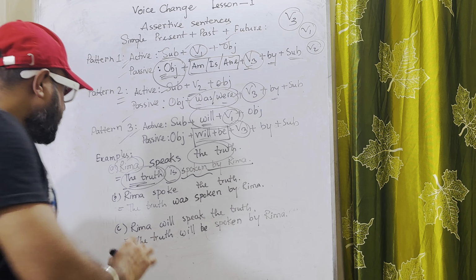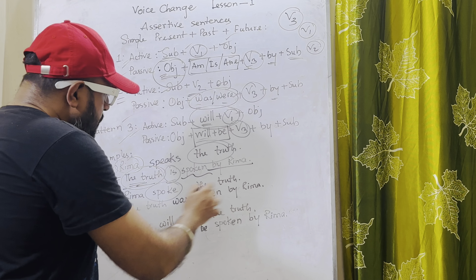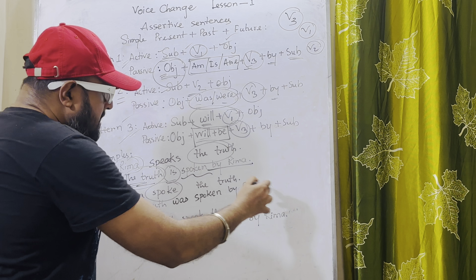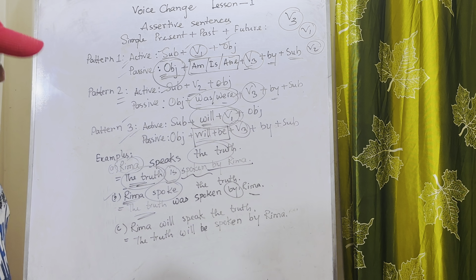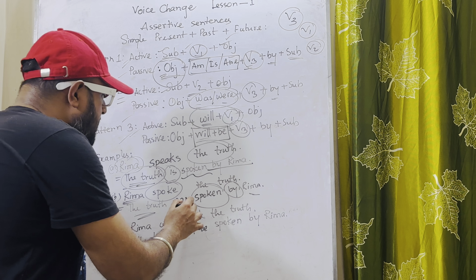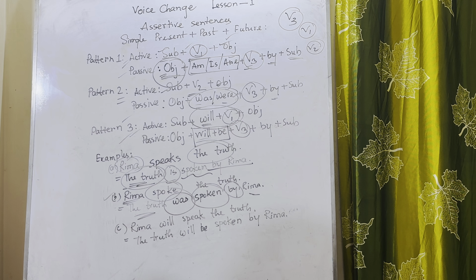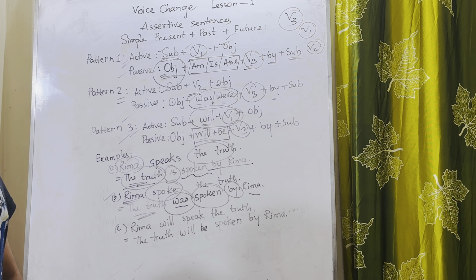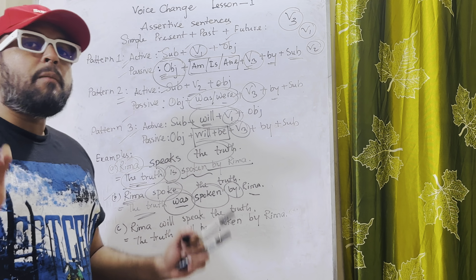Here the verb changed, it became spoke, so it's simple past. So here again the truth came in the subject position, Rima is in the object position with the help of the preposition by. The verb is in the V3 form, spoken, but here as the tense changed, we have also changed the auxiliary verb, which is was, because we are using past tense.